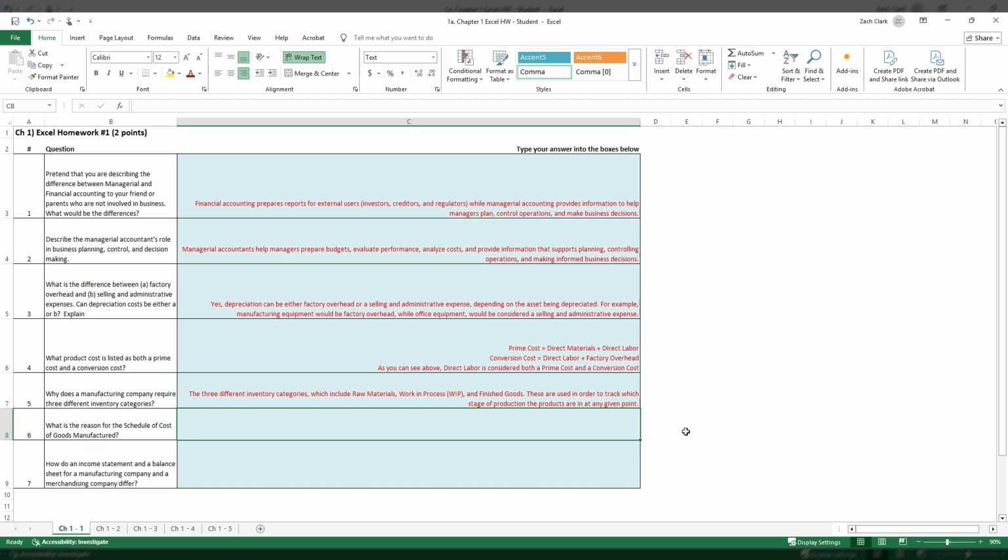But what is the reason for this thing that we're going to prepare called the schedule of cost of goods manufactured? This schedule, let's say, calculates the total cost of goods completed during the period and transferred from WIP, work in process. And let's use the word WIP inventory.